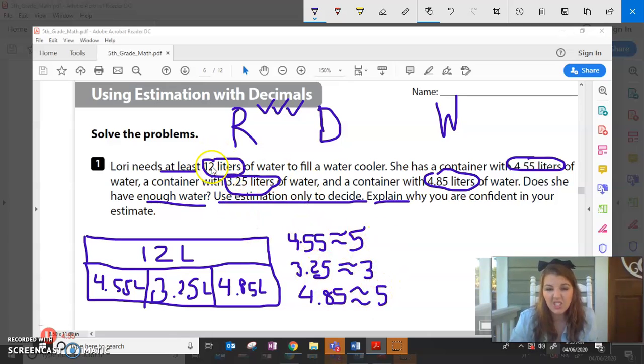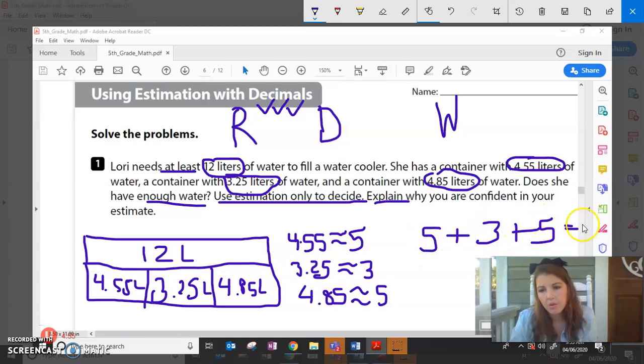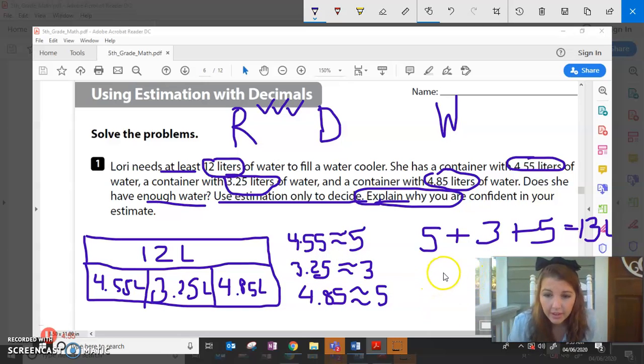So it would still be more than 12 liters for my answer. And then for right, I need to write an equation. So it'd be 5 plus 3 plus 5 equals 13 liters. And then for my explanation of why I'm confident, I would explain, well, I rounded each amount to the closest whole. And even though I rounded the amounts, the rounded amounts still wouldn't have made another whole liter.